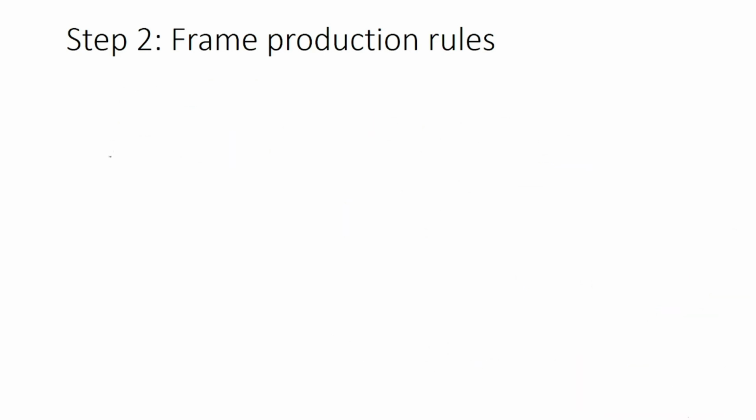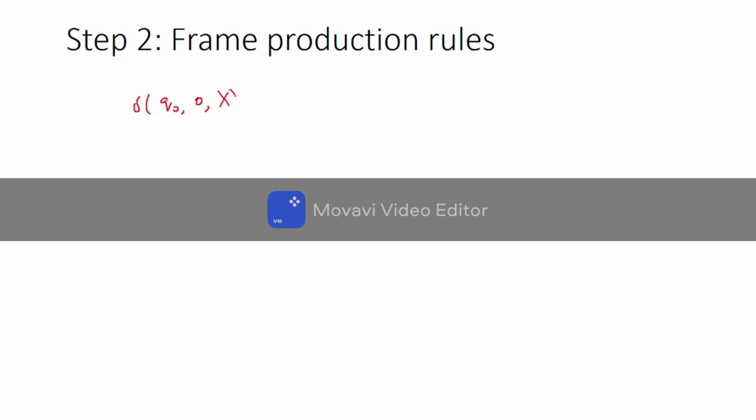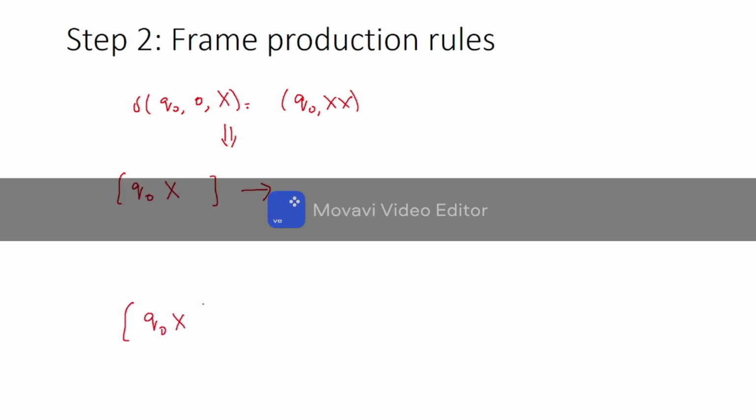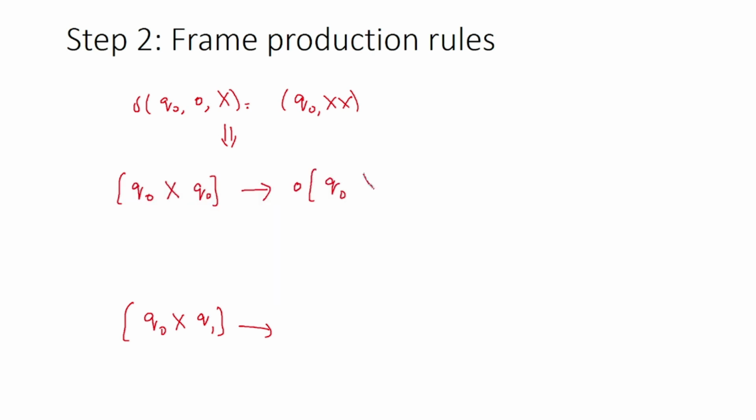And for the next transition, del of Q0, 0, X is equal to Q0, XX. For this transition we have to frame it as: where it starts, Q0, and when it starts, what is the top stack symbol, X, and so we are going to write two, that is Q0, X. Here you can fill Q0 and here you can fill Q1, right. What is the input given here? 0, where it goes Q0, and what are the top stack symbols, X and X, right.